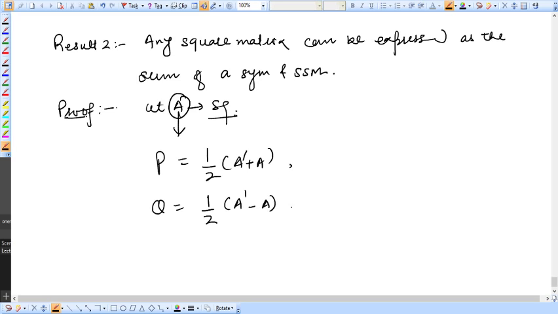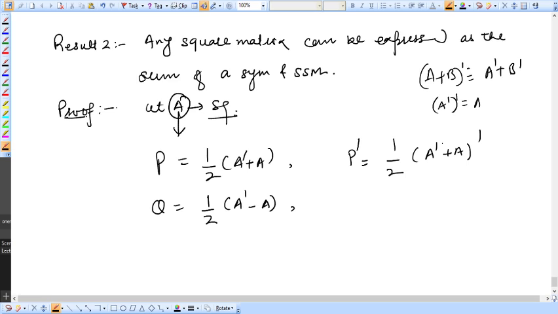Okay, so see here, what would be P transpose, P prime? It is equal to the transpose of the whole. Since (A plus B) transpose is equal to A transpose plus B transpose, it would be (A transpose) transpose plus A transpose. We know A transpose transpose is equal to A itself, so this becomes A plus A transpose.